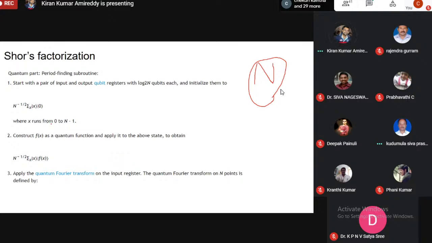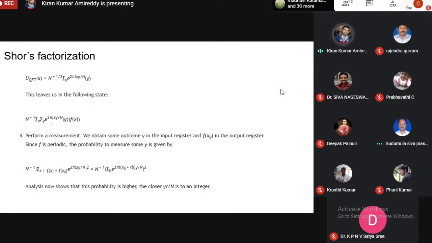Then this Fourier transform will help in checking the particular storage in the particular assigned register. So you can see how the Fourier transform can be applied using this. How can I explain this?